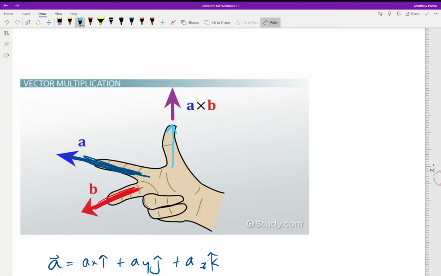Whatever direction your thumb is facing is going to be the direction of A crossed B. It's obviously not going to represent the length, but it gives you a sense.